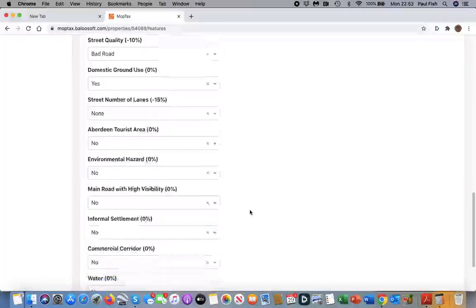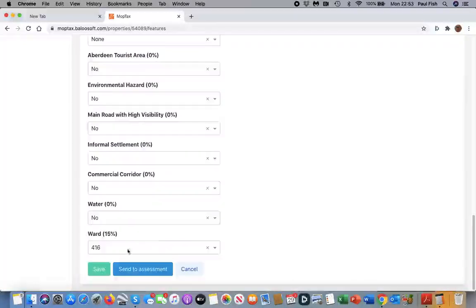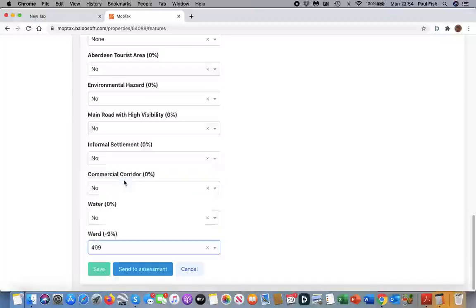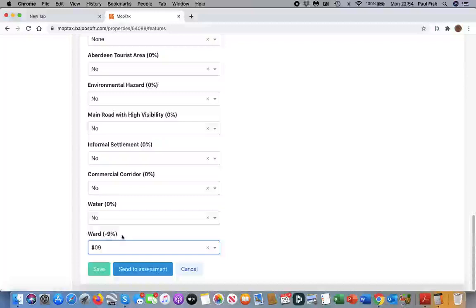In particular, the location of a ward. So the rent survey also looks at different wards and the different values in different wards. So you can see that, for example, in 409, which I happen to know is in Portee, that's a poorer district, and the values there are reduced by 9%.